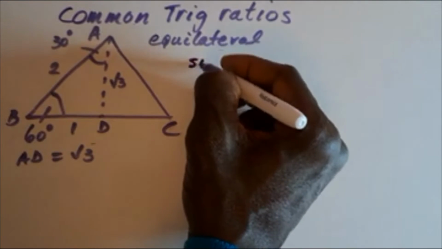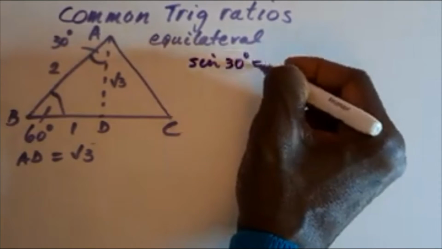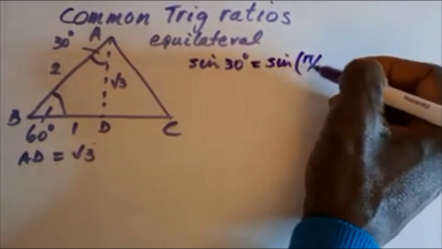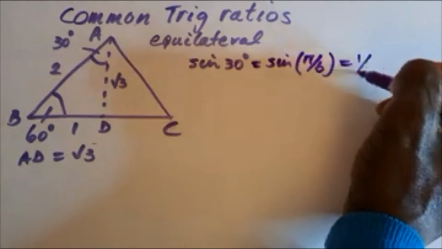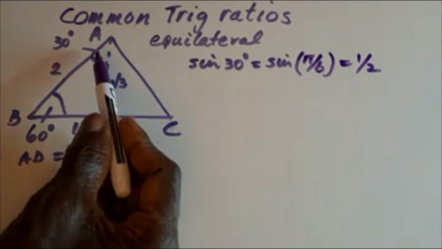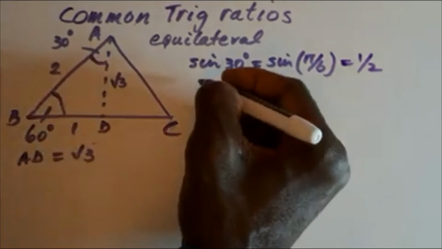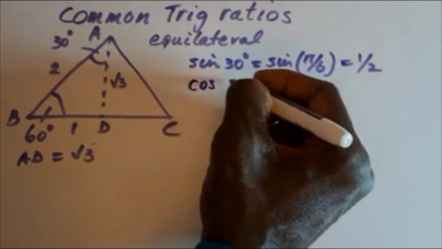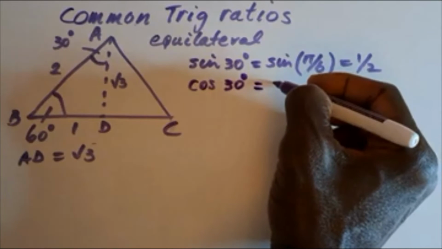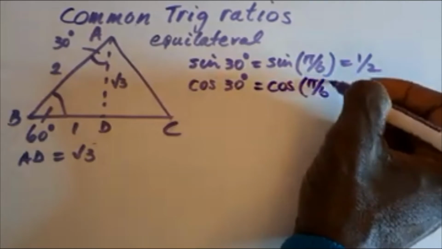We have sine 30 degrees. That's the same as sine in radians, pi over 6. This is equal to a half. Remember, this is sine 30, opposite side over the hypotenuse, 1 over 2. Next we have cosine 30. That's equal to cosine of pi over 6.